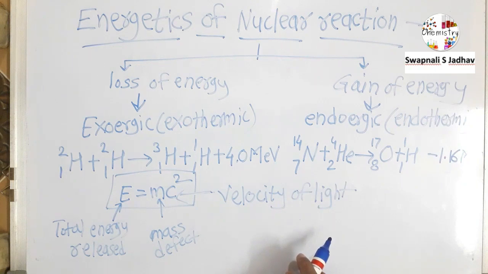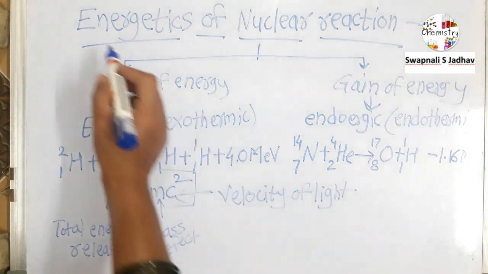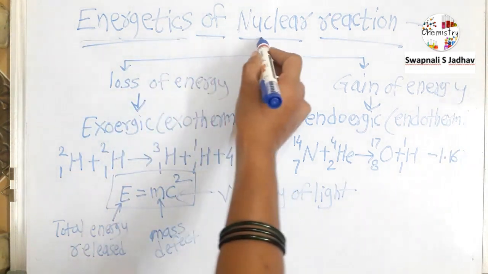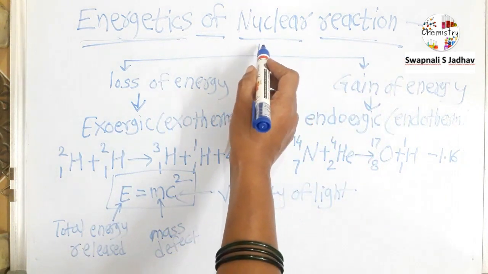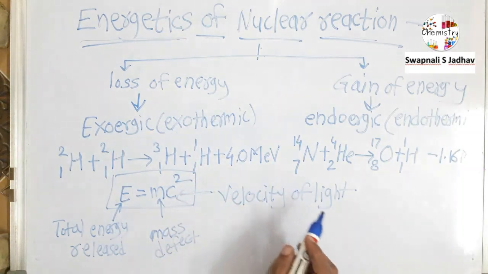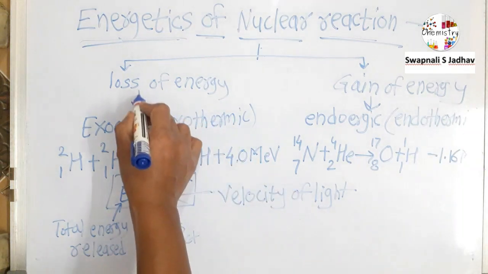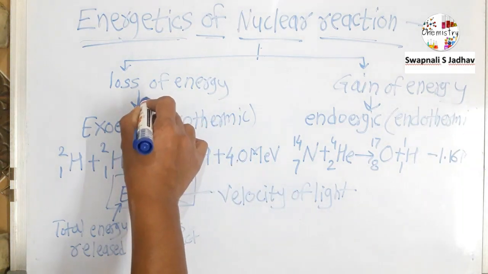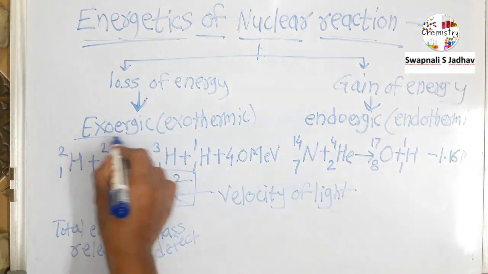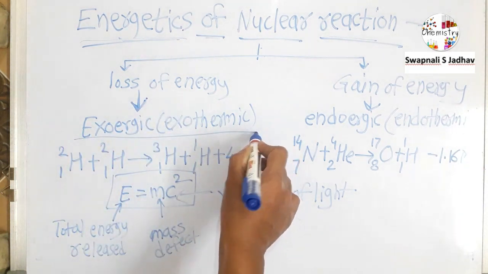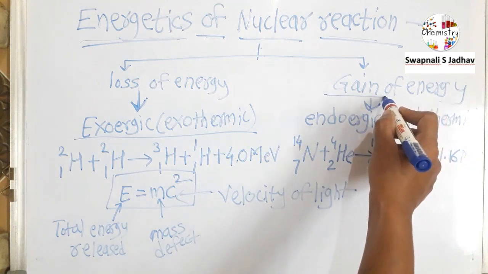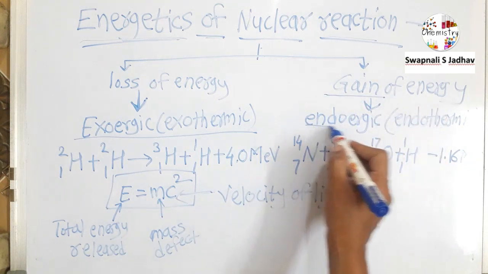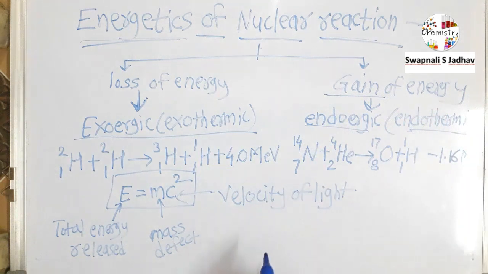Okay, and then we see the next point, which one? Energetics of nuclear reaction. So nuclear reactions are associated with loss of energy or gain of energy. When energy is lost or released, it is known as exoergic or exothermic, and when energy is gained or absorbed, then it is known as endoergic or endothermic.